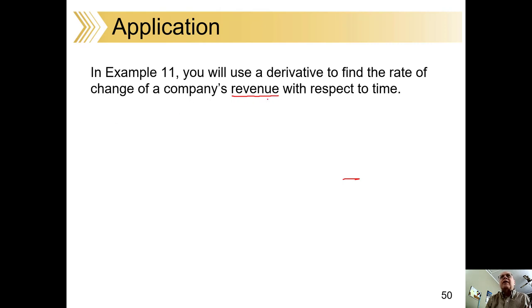And what we're interested in is how fast is that increasing or decreasing. Let's hope that this is a positive number, because we want our revenue to be increasing. Otherwise, we might be out of business soon.